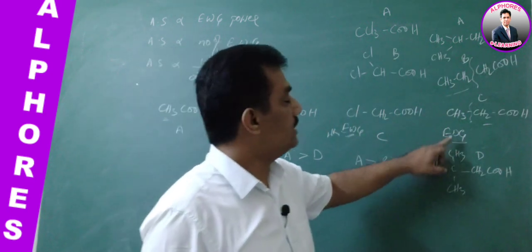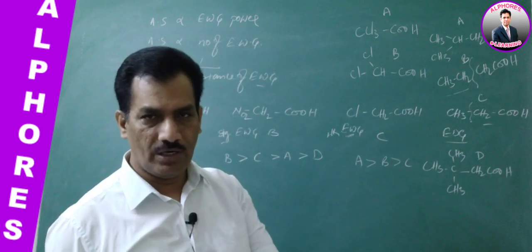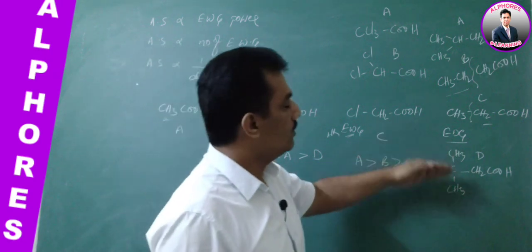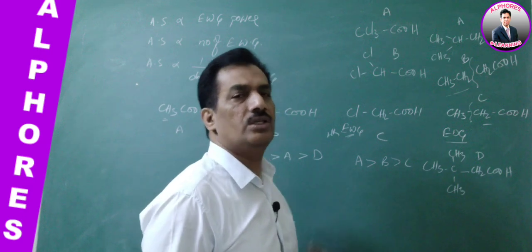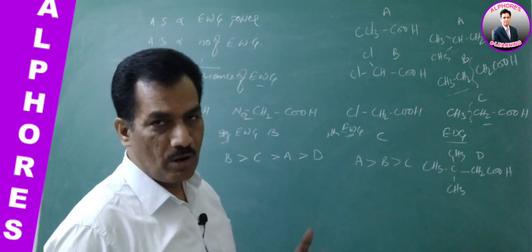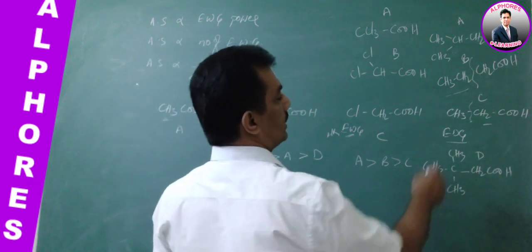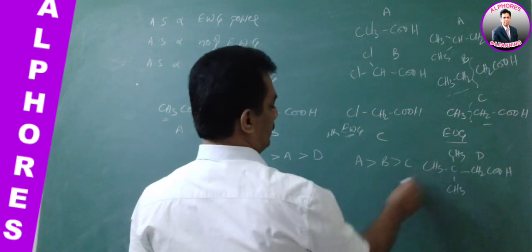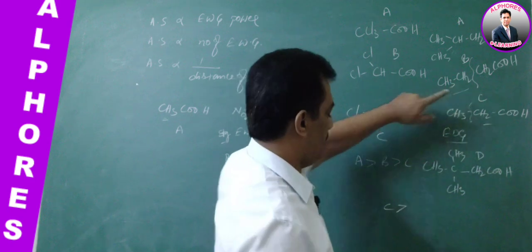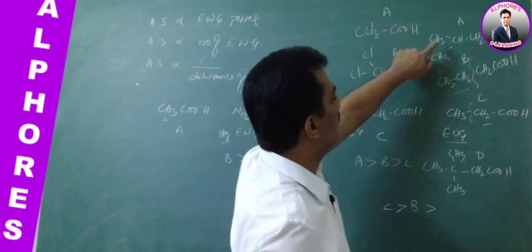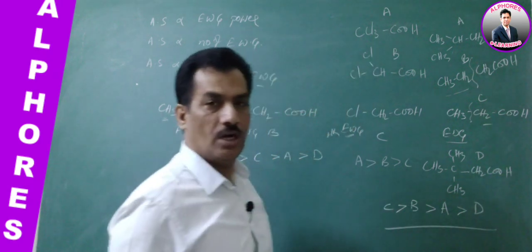With an increasing number of carbons, the inductive effect increases, that is, the donating power increases, is it not? So with more donating groups, the acidic strength is automatically less, as acidic strength is inversely proportional to the number of donating groups. So here the highest acidic strength is observed with C, greater than B, greater than A, and greater than D. Are you following?